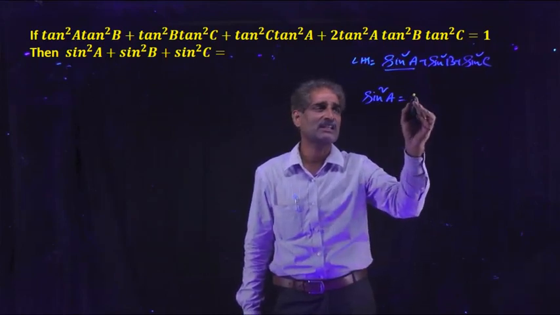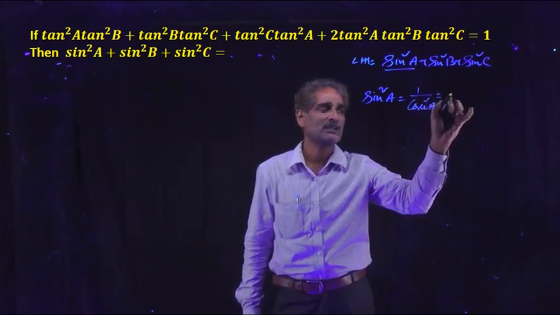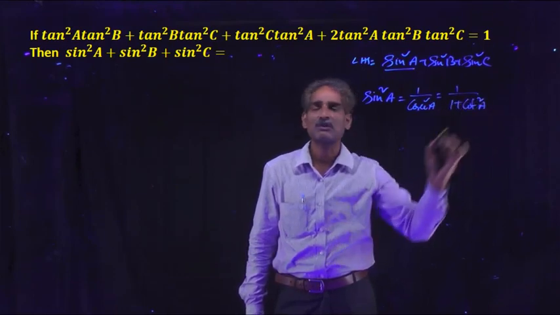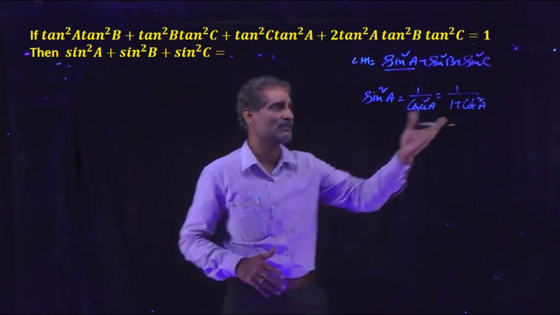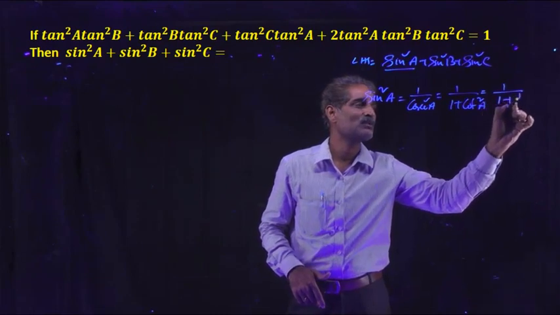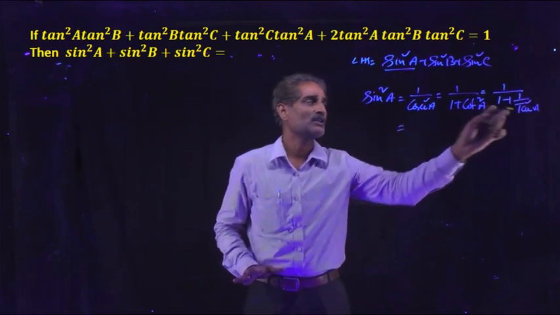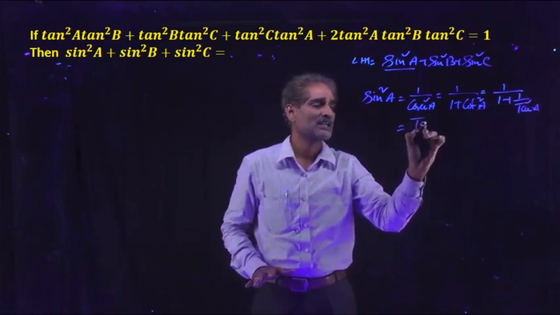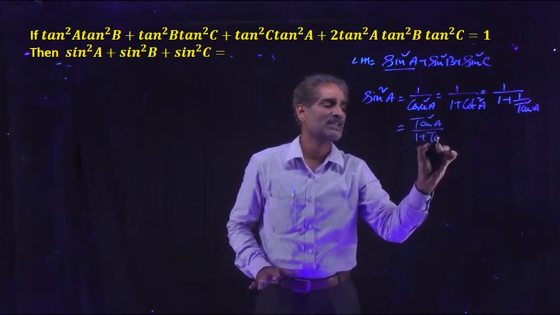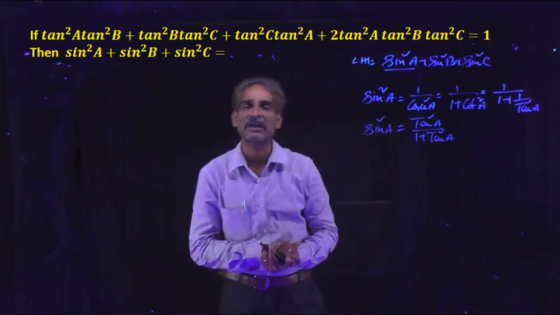So sin square A is nothing but 1 by cosecant square A. Here we can write cosecant square as 1 plus cot square A. But the total expression is in terms of tan, so try to convert this into tan. Here we can write 1 plus 1 by tan square A. That's it. Now take the LCM, then we will get tan square A by 1 plus tan square A.